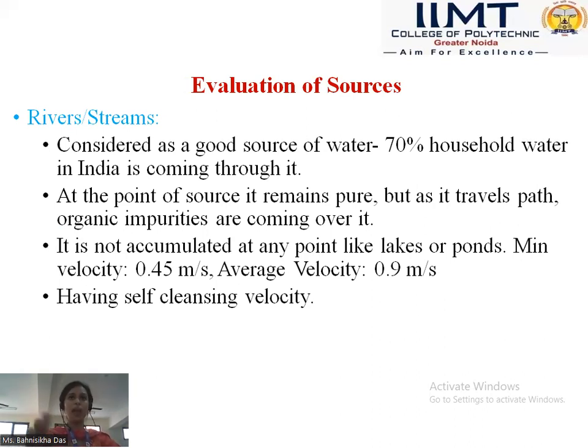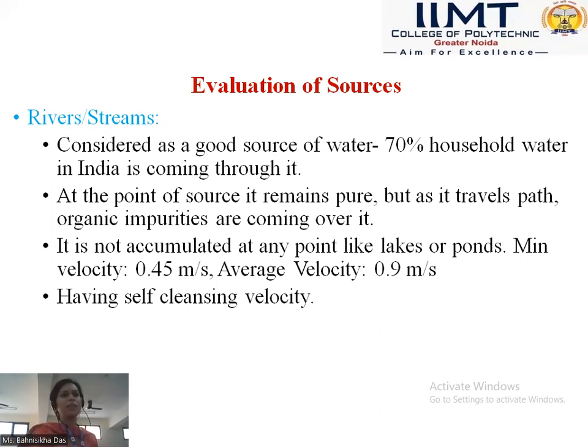Because as the river water flows, if there are any suspended particles present in it, due to its flow, they will either settle down at the bottom of the river, or the flow will carry the suspended particles away. So wherever any discharge is made in a river, at that particular point of discharge, since the water keeps flowing, the particles will either settle down at the bottom or be carried away with the flow of the water.